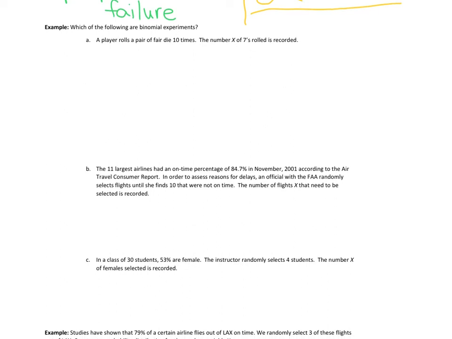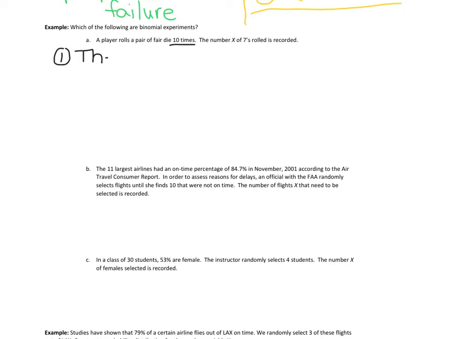A player rolls a pair of fair dice 10 times. The number of 7s rolled is recorded. Let's break this down. The first thing: do we have a fixed amount of trials? We do. A player rolls the dice 10 times. If I ask you to verify something's a binomial experiment, you have to do it related to the problem.